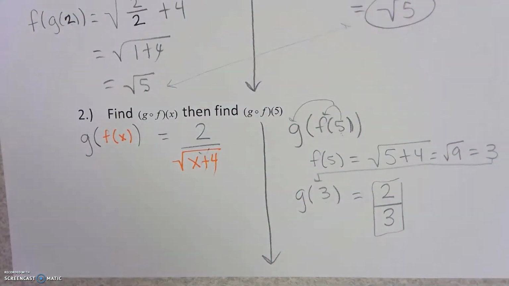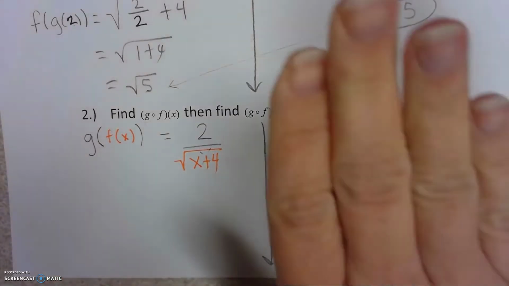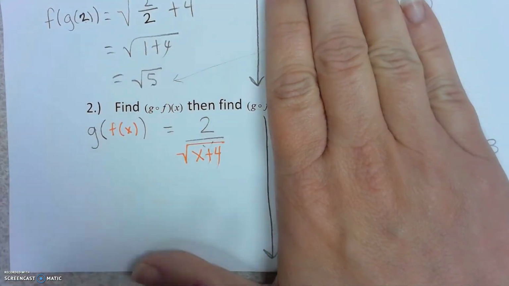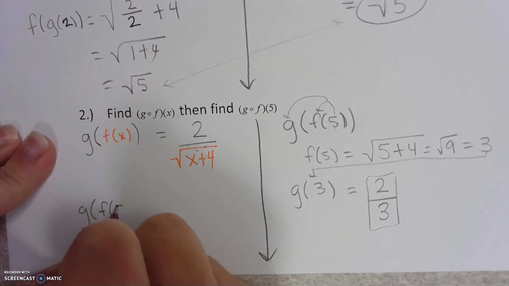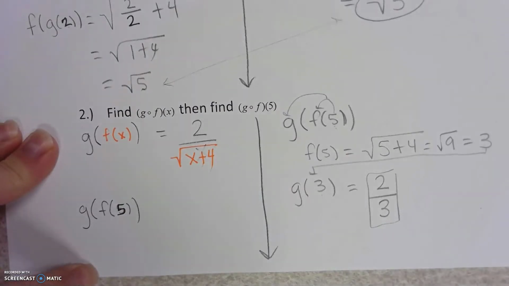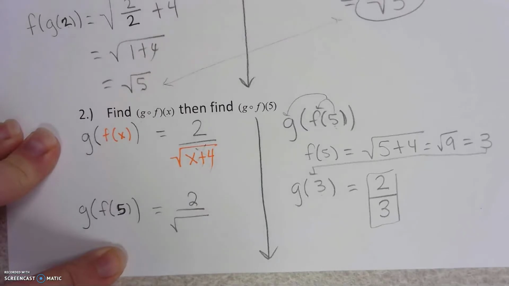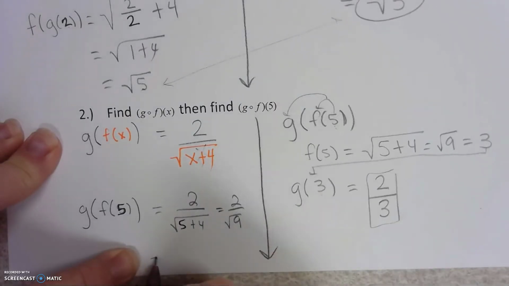Now if they ask you to find all of it, g of f of x and then g of f of 5, when you find g of f of x, you can take this new function and find g of f of 5 by plugging this 5 into your new function. I'm going to put a 5 in x's place, which will give me 2 over the square root of 9, which simplifies to 2/3.